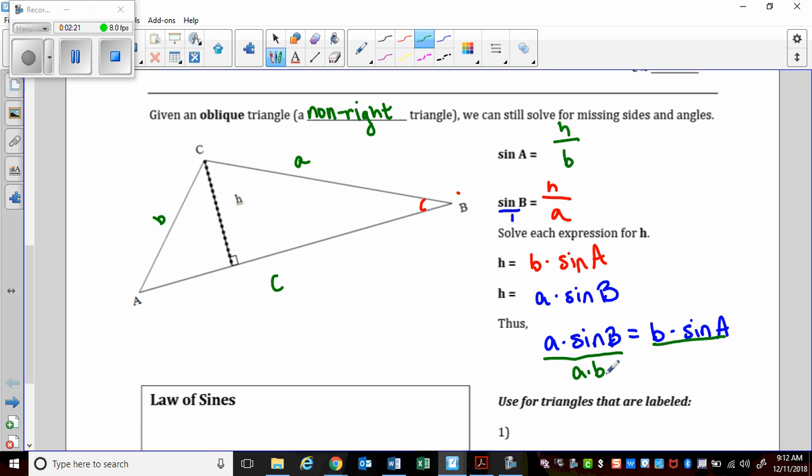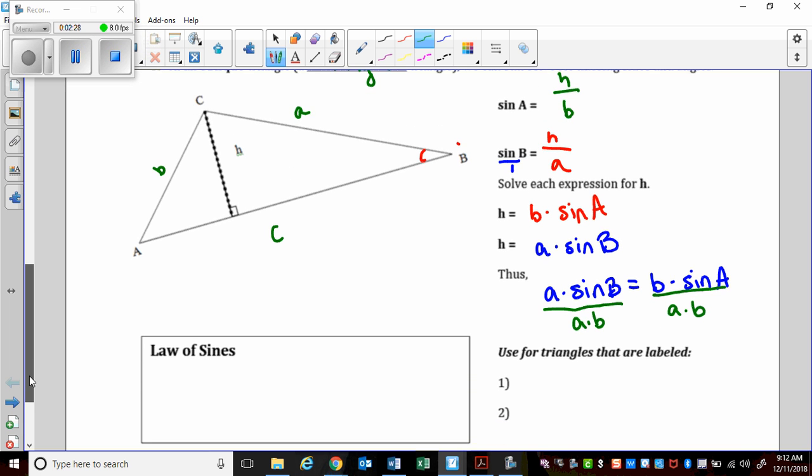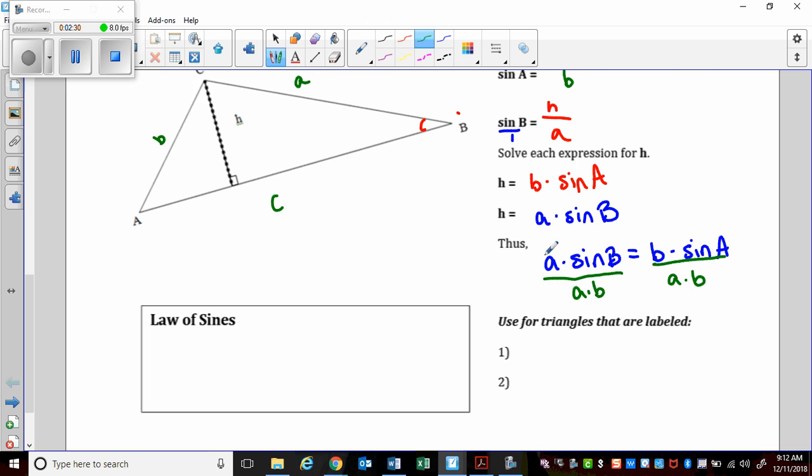If we do that to the left, we multiply the right hand side by 1 over a times b also. And what we're left with is the a's will cancel. So sine of B over b equals sine of A over a.